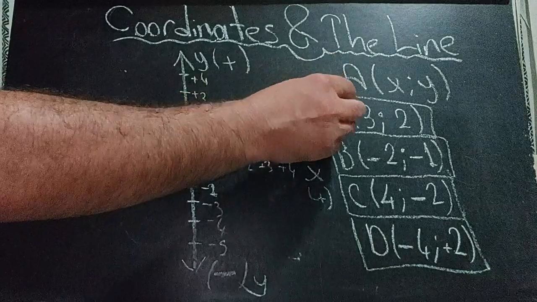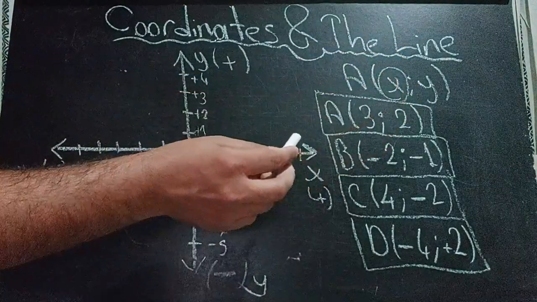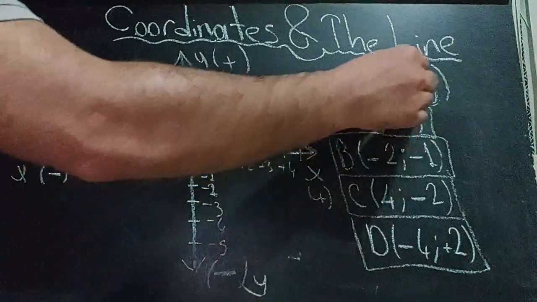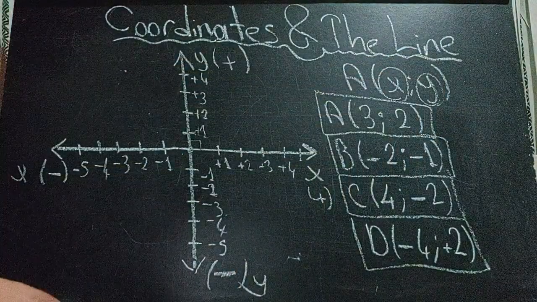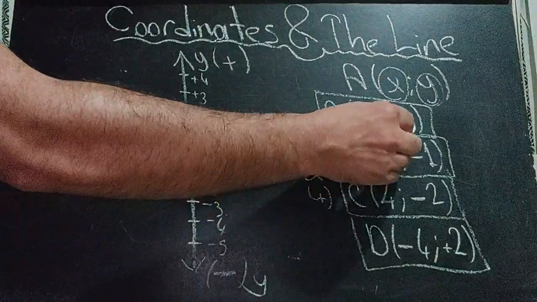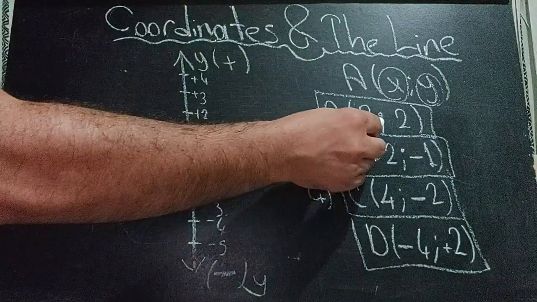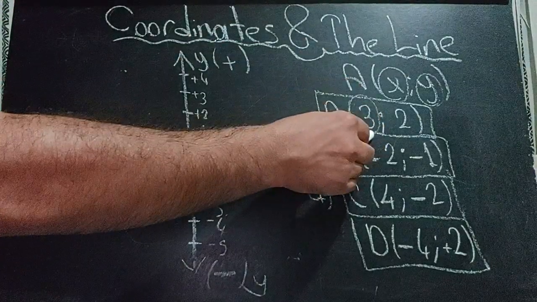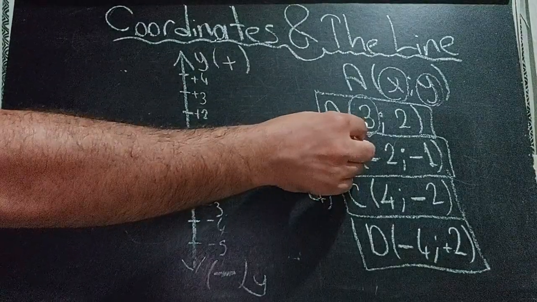So now, in a point, the first number represents the x-axis. The second number represents the y-axis. Right now, when you have the point A, 3, 2: what I said, the first one represents x. We are going to show it on the x, and it is positive.